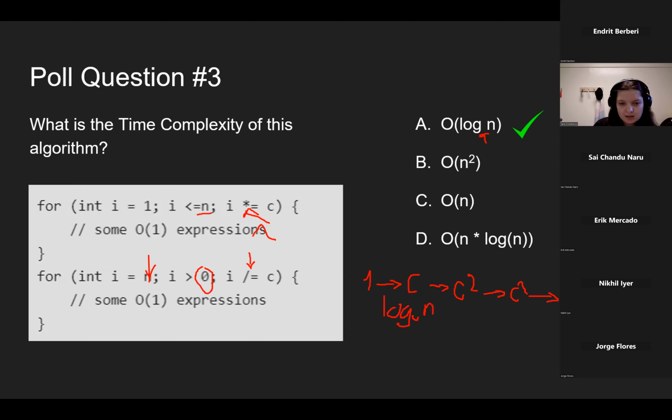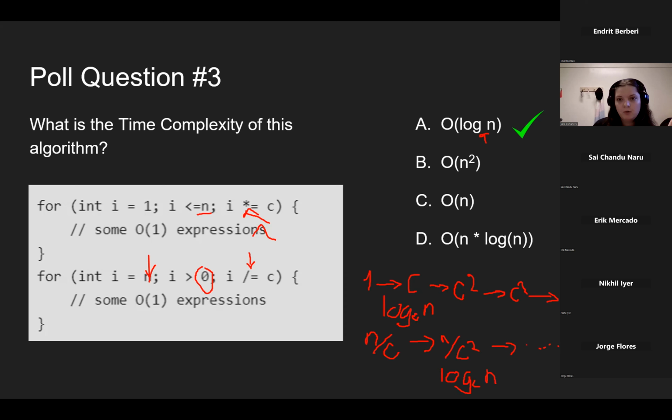And that can be seen in the second one a little bit better, because you have n and then you divide it by c, and then the next one's going to be n over c squared, etc. And this is basically logarithm base c of n. Yeah? Are we good?